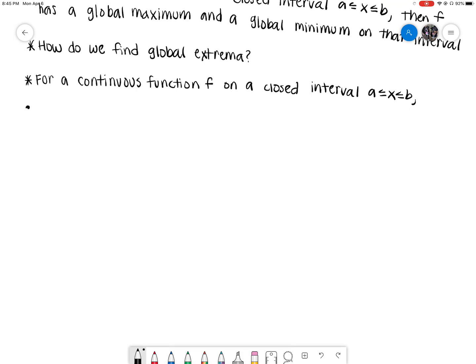First, you find the critical points of f on that interval.